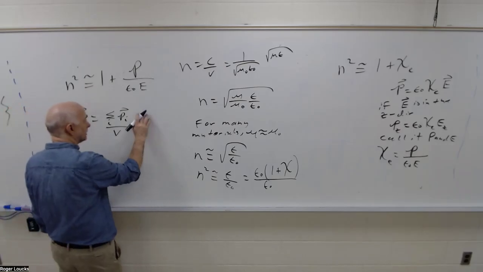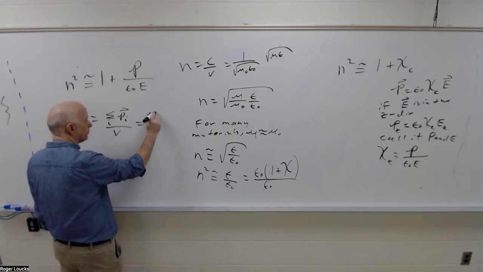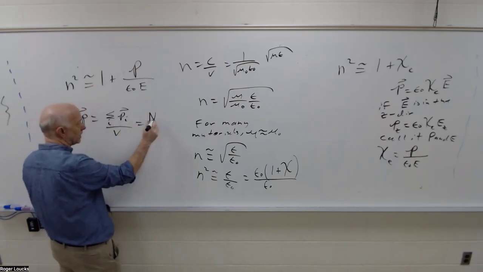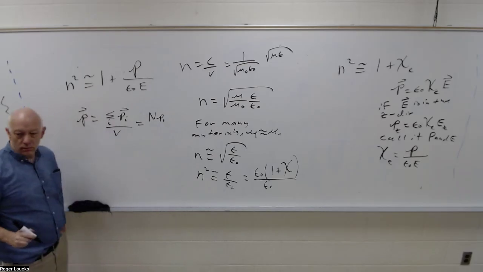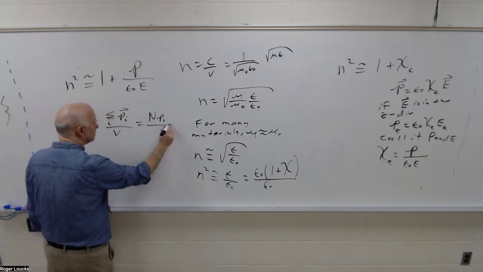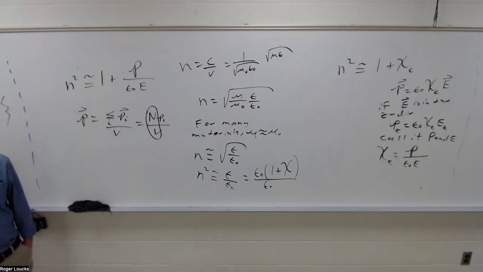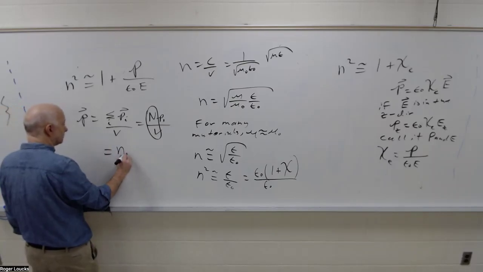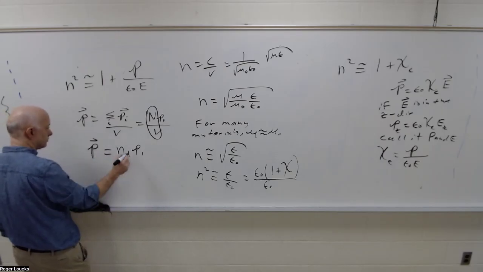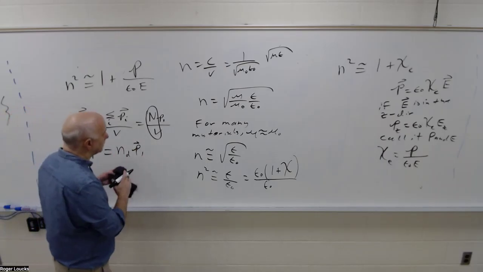In many cases, it's going to be the number of dipoles in the volume times, let's say, P1 over V. And what is this? Number density of dipole moments. This is going to be your number density of dipole moments times P1. So I can put that in here.